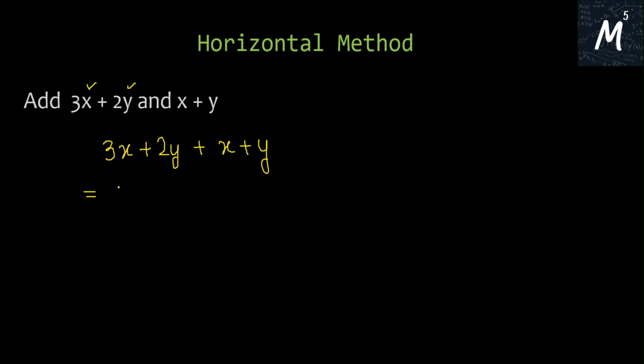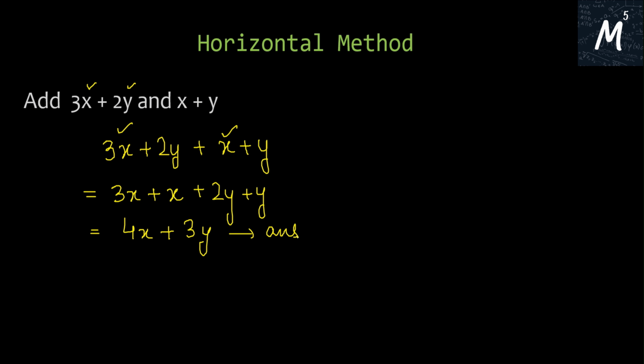Now rearrange the like terms. 3x and x are like terms, so rearrange them: 3x plus x. The rest, 2y and y, are also like terms, so they are also written side by side. So 3 plus 1 is 4x, and 2 plus 1 is 3y.